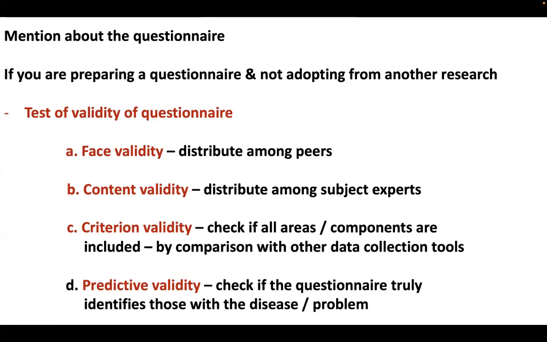So, I will give an example. A questionnaire on depression should have different components, right? One should be about self-esteem. Second one will be about worthlessness or anhedonia. Anhedonia means the patient will feel that they are not happy with anything.